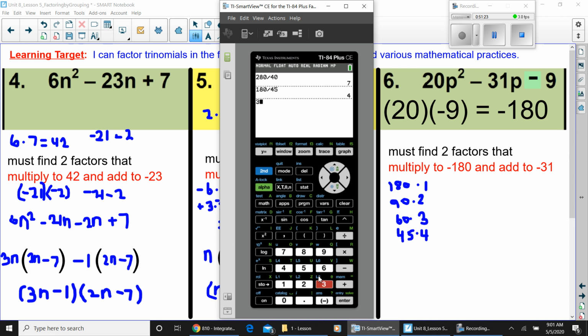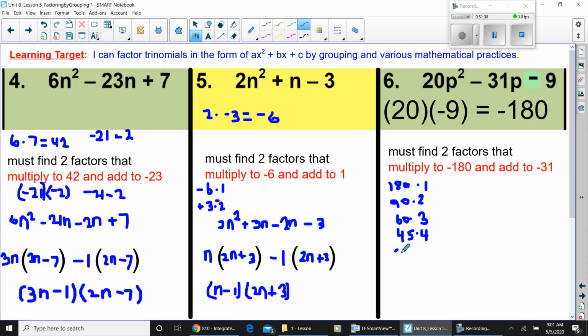So 30, let's see, 180 divided by, and you could try all numbers, but you're working your way down. All right, oh wait, 36 times 5. And by the way, you know that 5 goes into 180.